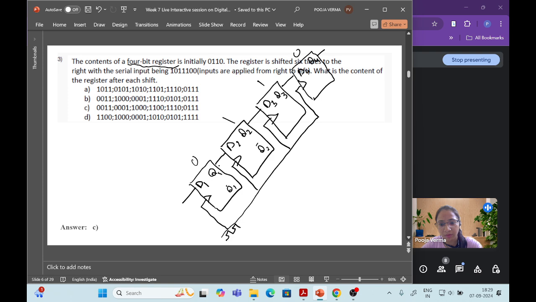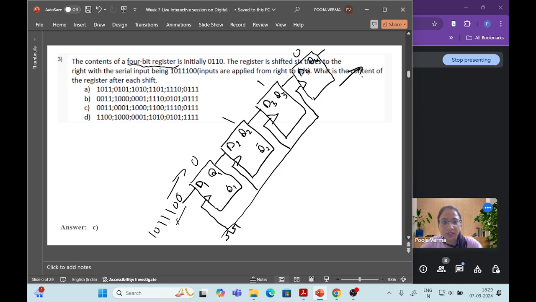That means from this side to this side, from here to here. And the serial input is given as 1 0 1 1 1 0 0. Inputs are applied from right to left, meaning this first 0 will go in, then another 0, then 1 1 1.